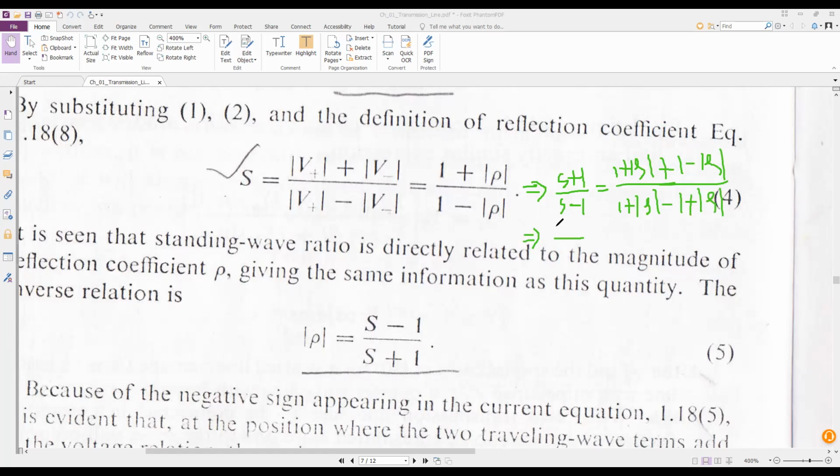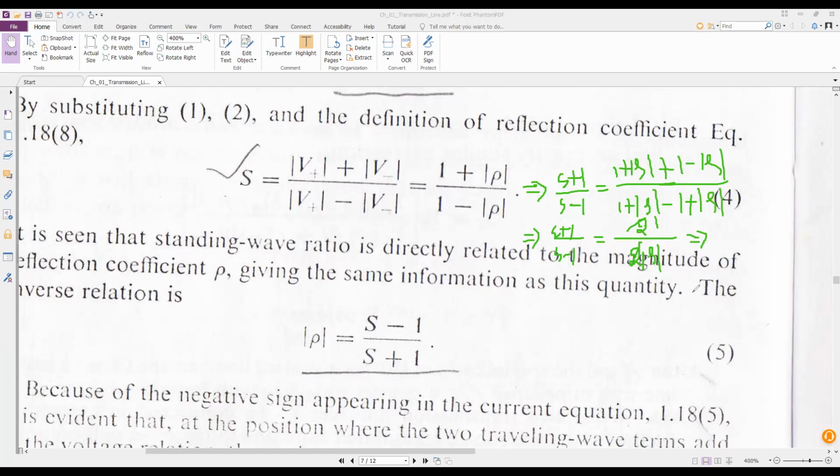Here S plus 1 by S minus 1 is equal to 2 here, 2 rho here. So 2 would be cancelled out.